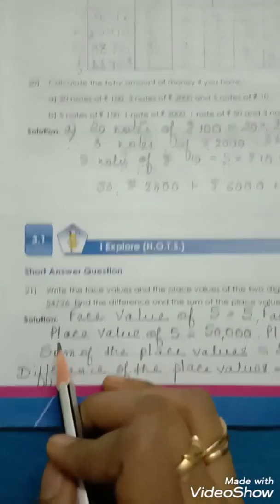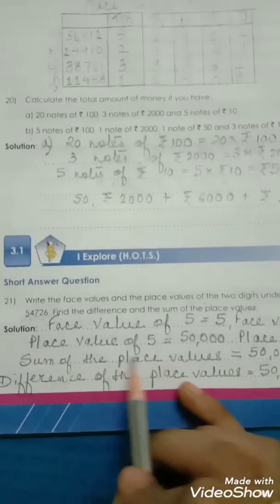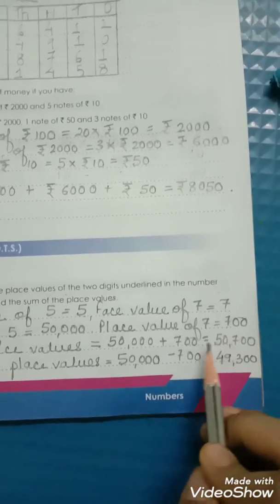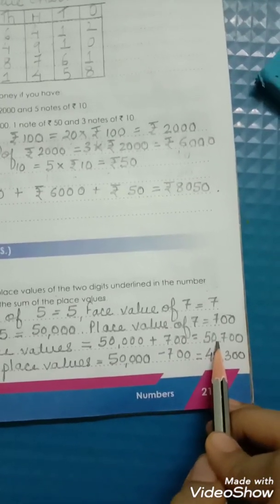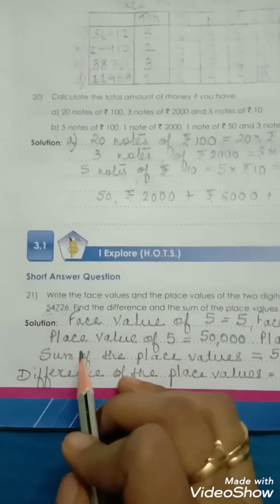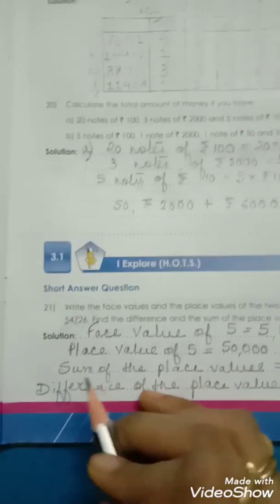So, first we will find the sum of the place values. That is addition. 50,000 plus 700. Answer is how much? 50,700. Now we will find the difference. As I have already told you, difference means the answer of subtraction.